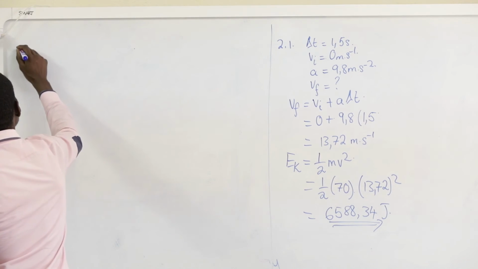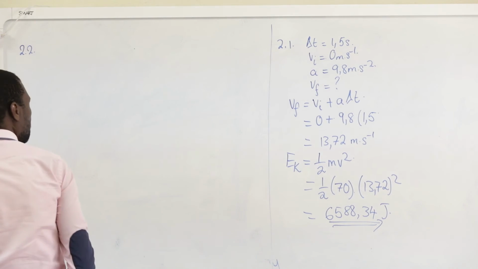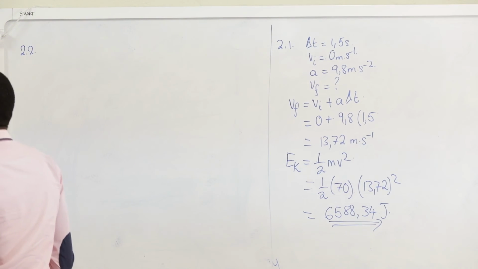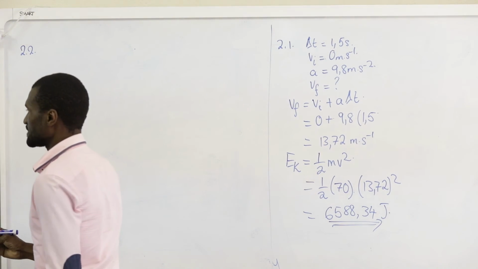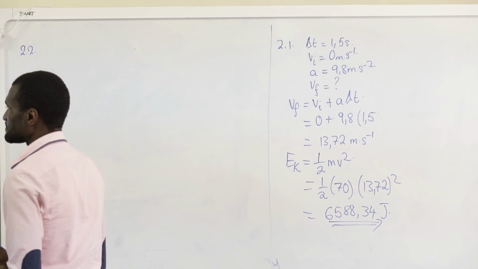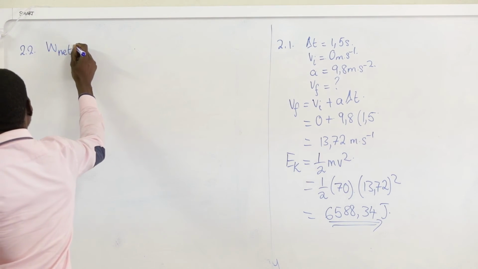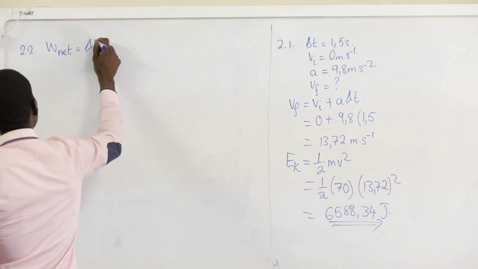So 2.2 requires me to calculate the net work done in slowing down. All right? So W net, as we know, is calculated by the change in EK.